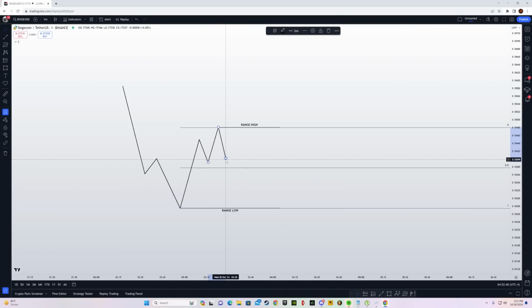Otherwise, the range high is not valid. Let's suppose that you get a market structure shift, right? But price never reached the 0.5 level. Now, in that case, the range high is still not valid. However, when we reach the 0.5 level and we also have a market structure shift, right? Then we have our setup ready.